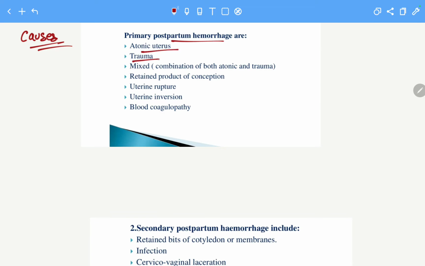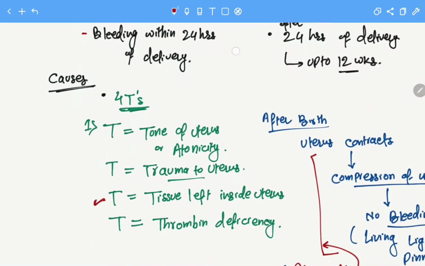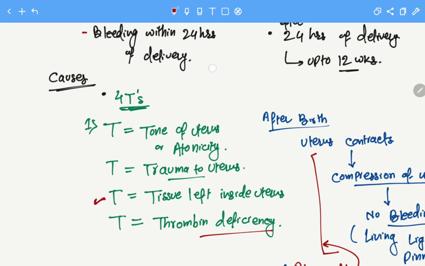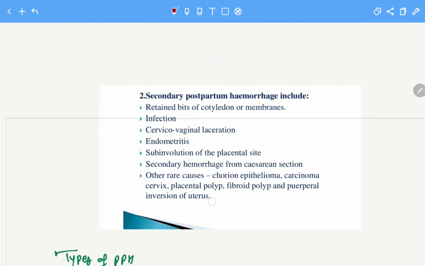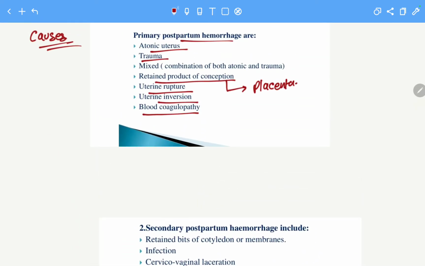If there is any trauma that I have discussed, right, retained product of the conception, it may be the placenta, if uterine rupture is there, uterine inversion is there, and if there would be any blood coagulopathy like thrombin deficiency. Okay, that can lead to the cause of primary PPH.